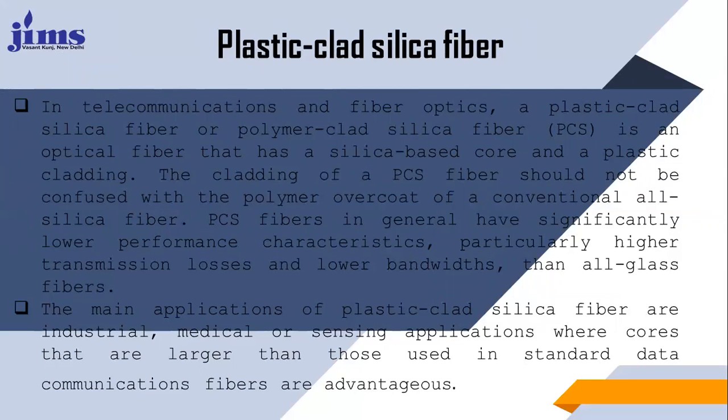The main applications of plastic clad silica fiber are industrial, medical or sensing applications where cores larger than those used in standard data communication fibers are advantageous. One of the main advantages of this fiber is that the core diameter is large as compared to normal optical fiber.